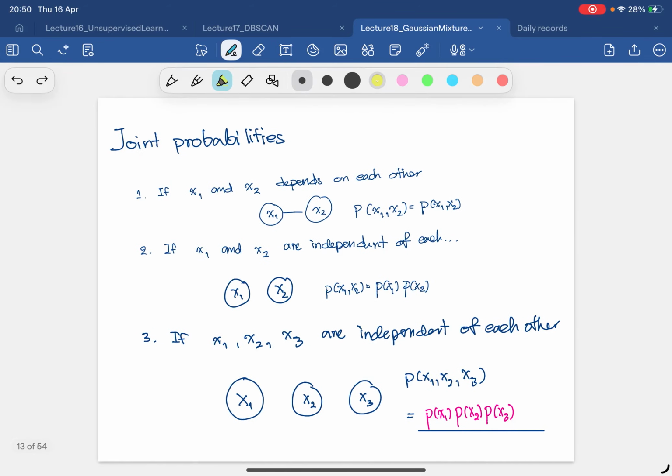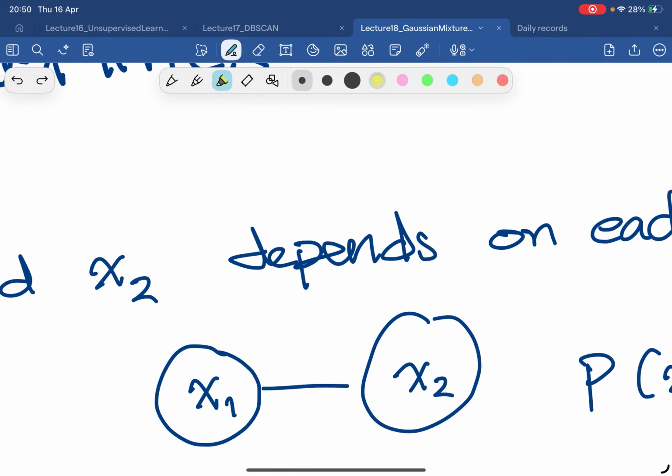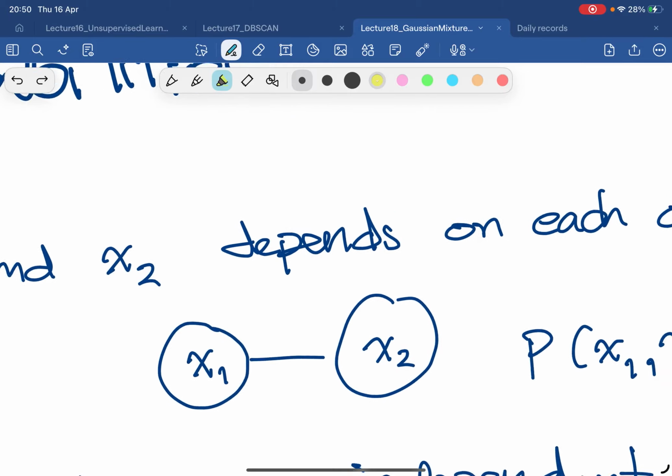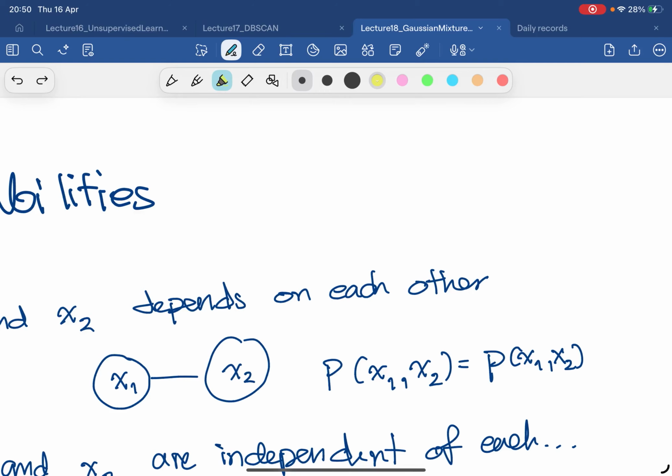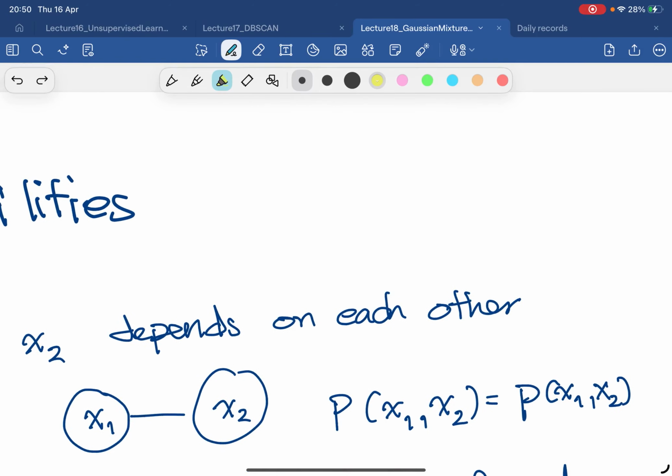Let's further elaborate this notation. What if we have more than just one random variable? Let's say we have two random variables. If we want to say that random variables x1 and x2 somehow have a relationship, we can draw a line joining the two circles. The probability associated with it is p(x1, x2), which is a joint distribution.